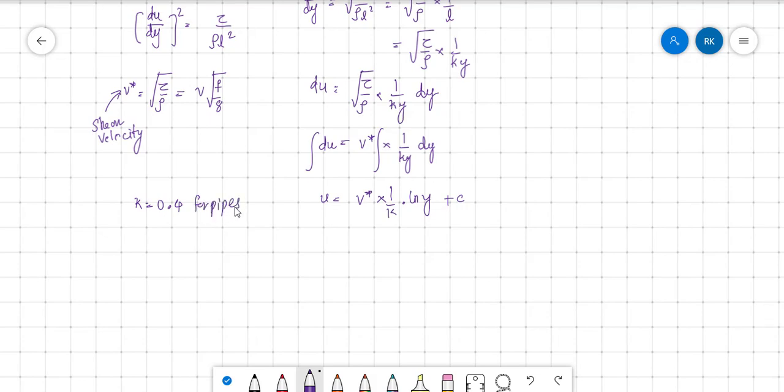So if we substitute k here, 1 by 0.4 means 2.5. So u is equal to 2.5 v star log y plus c. So this is the velocity distribution. Here log is included, so the distribution is logarithmic.